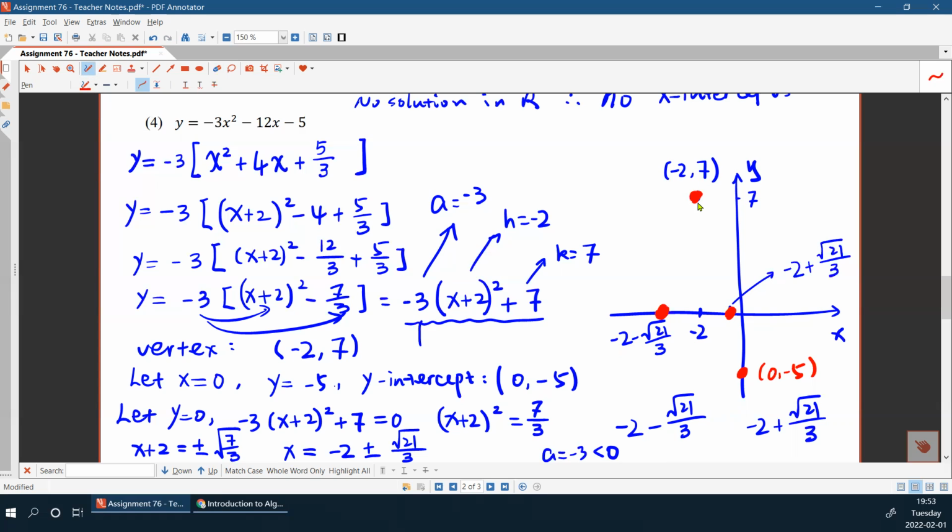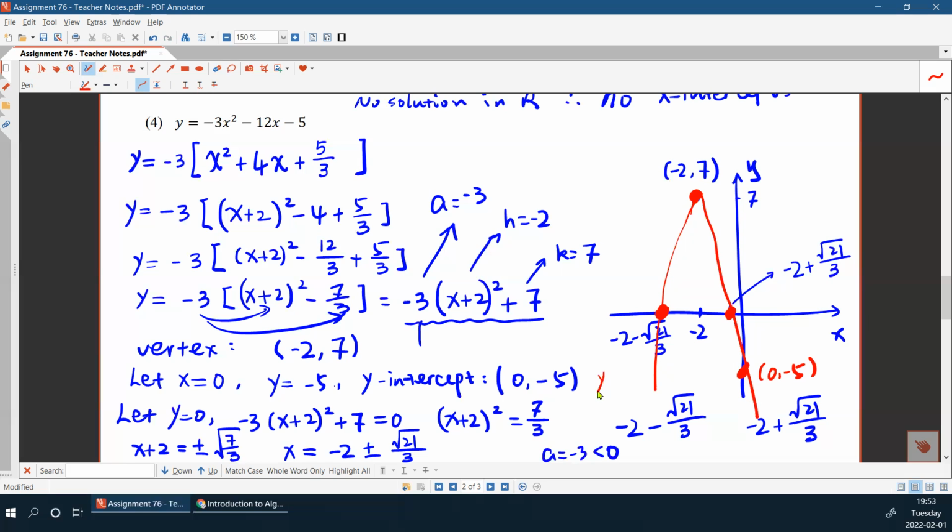Okay, so that means from the vertex, it's opening down. That means it has a sketch like this, right? You should cross these points on the graph. Do you understand? Yes.